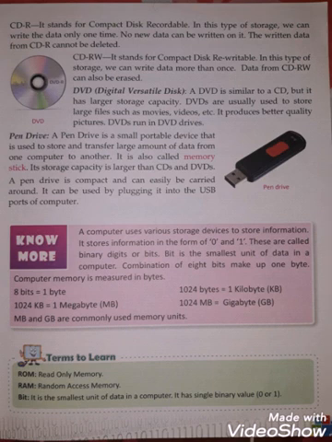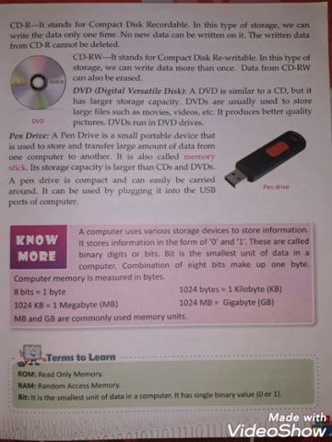In the same way, computer memory can also be measured, and the measurement unit that we use to measure memory is binary digits, bits, bytes, right? So this is the list how computer memory is measured. 8 bits is equal to 1 byte. 1024 bytes is equal to 1 kilobyte, 1024 kilobytes is equal to 1 megabyte, and 1024 megabytes is 1 gigabyte, right?